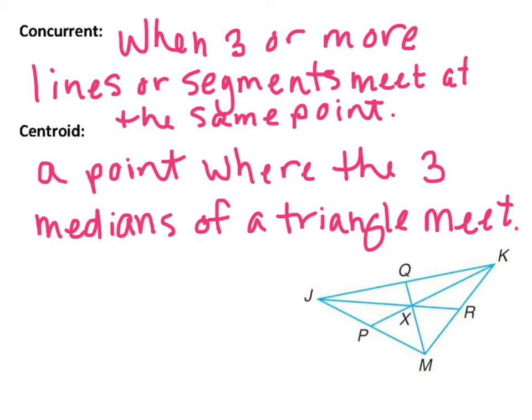So in our diagram here, not only are segments JR, KP, and MQ concurrent at point X, but also, if they are medians, then we would say that this point of concurrency is a centroid.